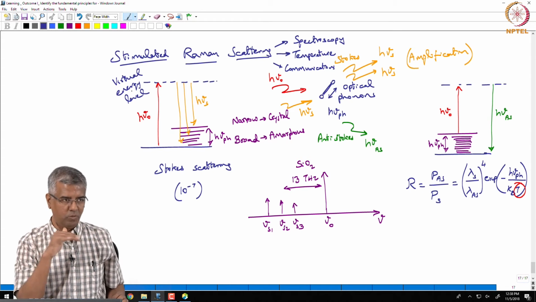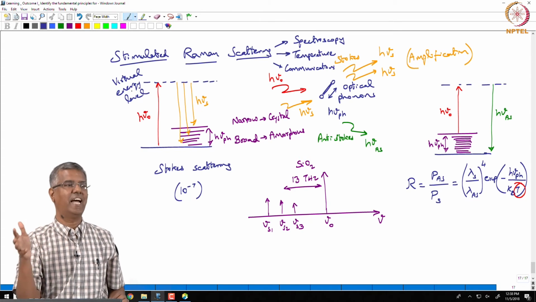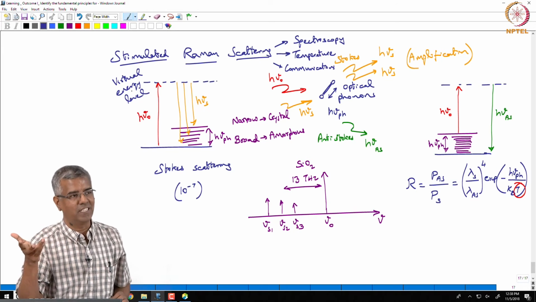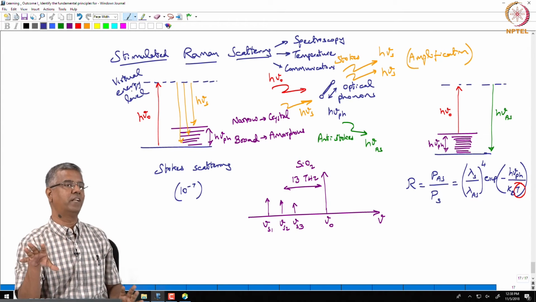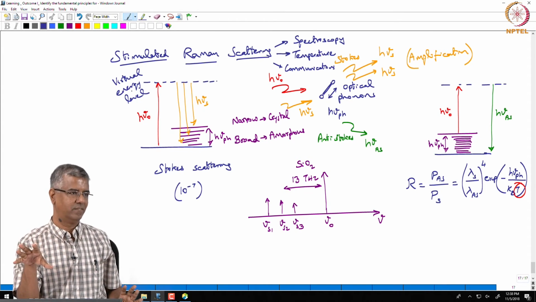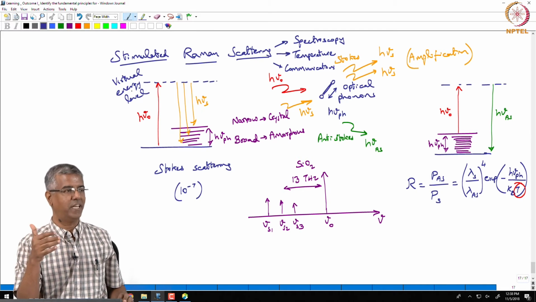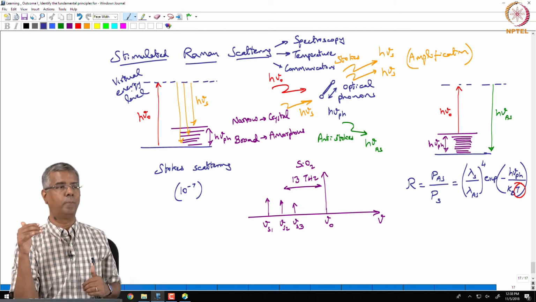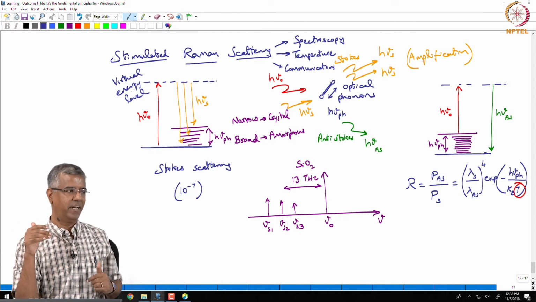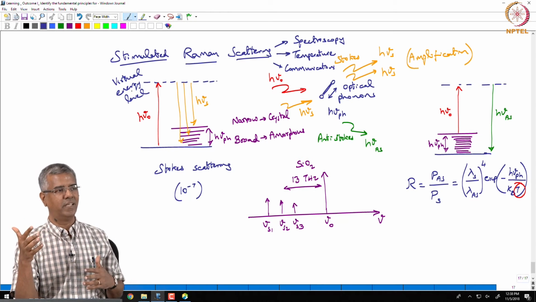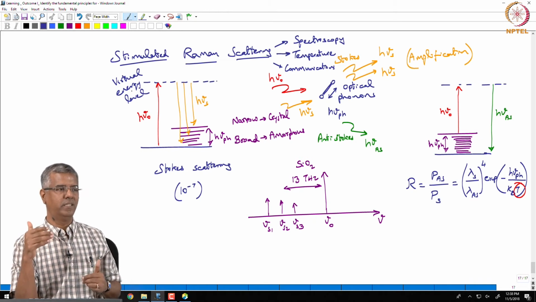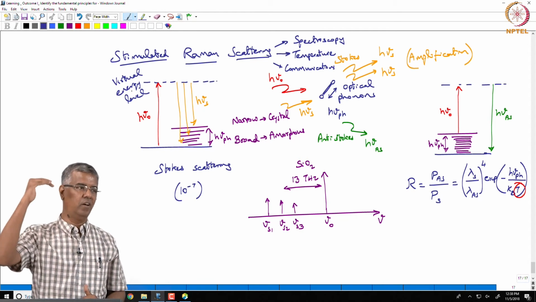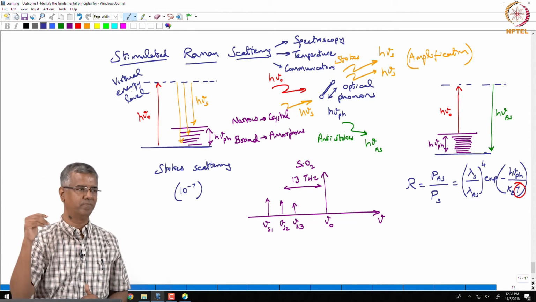Here there is no physical energy level. It's a scattering process. It happens instantaneously. So there is no storage of energy happening anywhere. That you would say is a disadvantage, because when we talk about stimulated emission, we want to build a population inversion, and you can build the inversion to a very high level if you had a very long excited state lifetime.